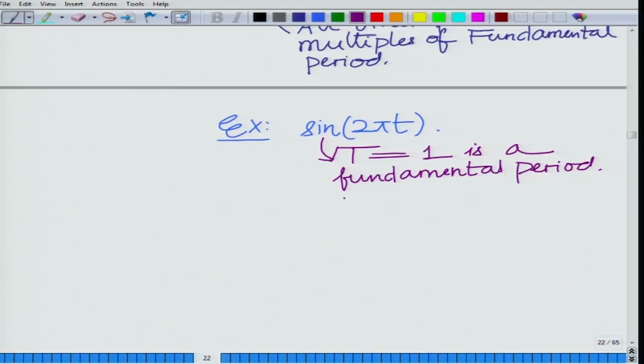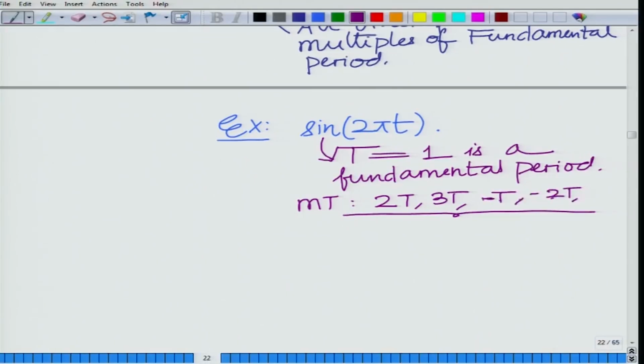Okay. And therefore, it follows that any mT, such as 2T, 3T, etc., are also periods, and in fact also minus T, minus 2T and so on are also valid periods.